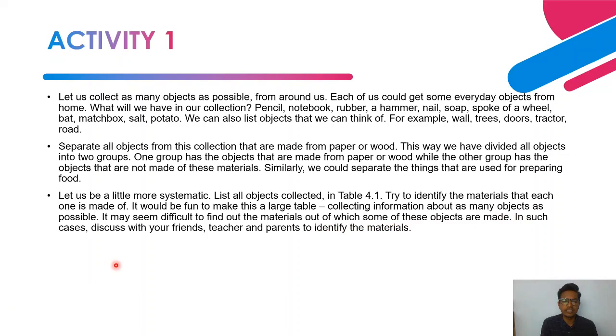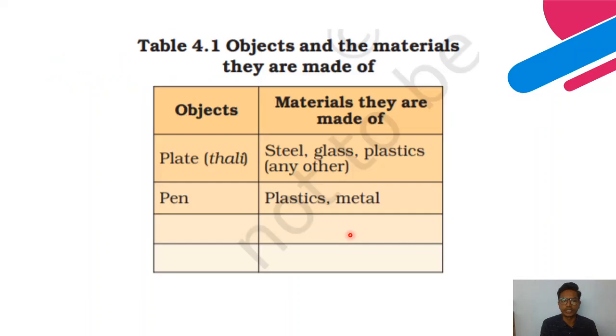In such cases, discuss with your friends, teachers and parents to identify materials. There are some objects which by naked eyes you can't judge which material it is. So you can ask your parents to help you and answer which material is used for making that object. You have to do it like this.